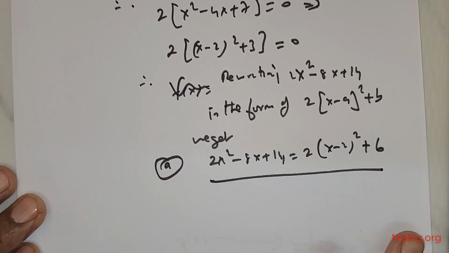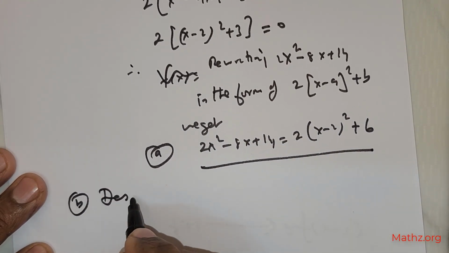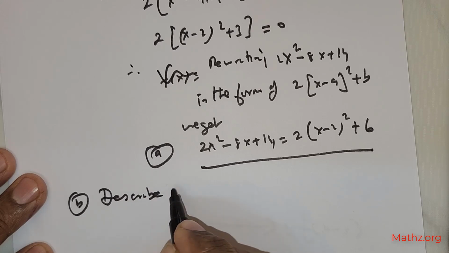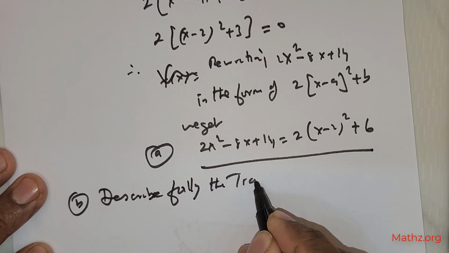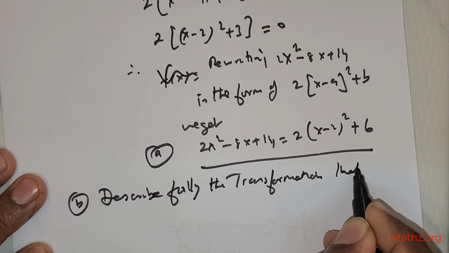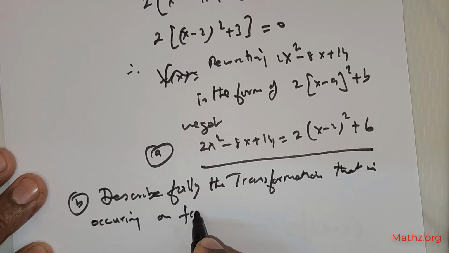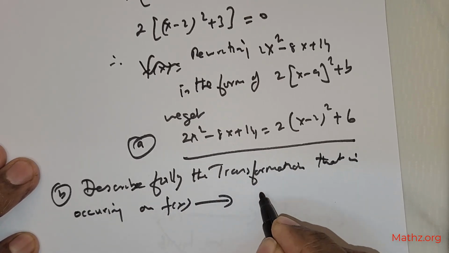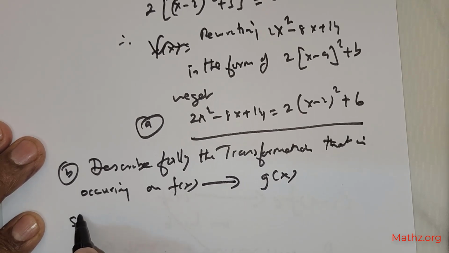Now part B, they are asking us to describe fully the transformation that is occurring on f of x to move it to g of x. Okay, now solution.